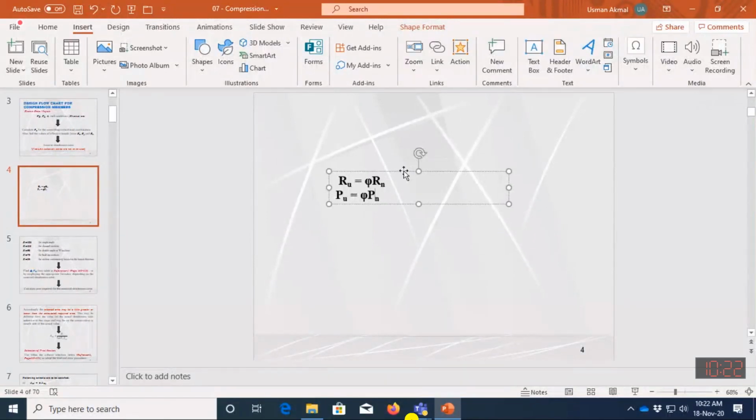So in this case, if we want to compare, we know the applied load effect and the phi c Pn value. So we can say that phi c Pn is actually equal to the phi value, which is the strength reduction factor.